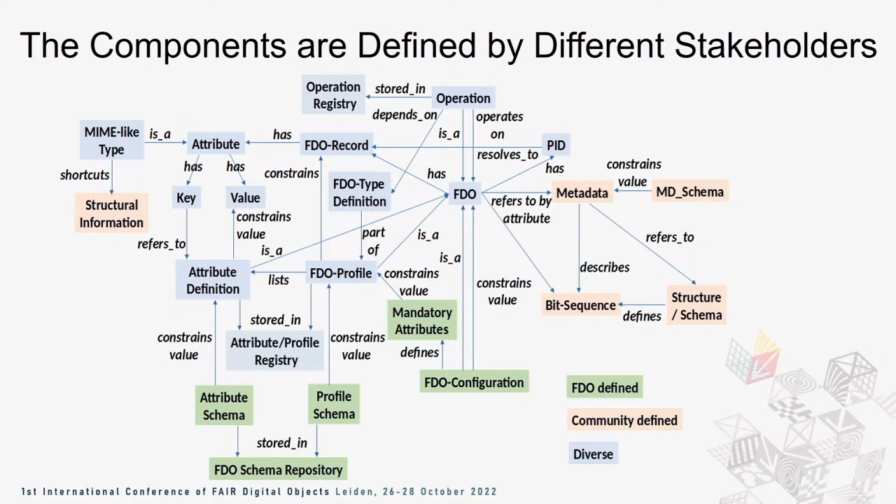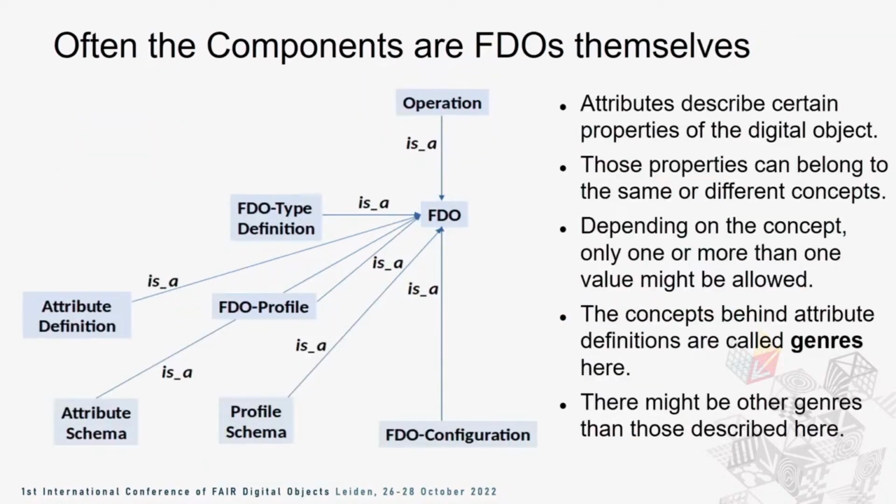There is another aspect. Many of these relations turn out to be a relation that a certain thing is an FDO. As the attribute definition, the profile schema and so on, also the FDO configuration, all these are FDOs at the end.